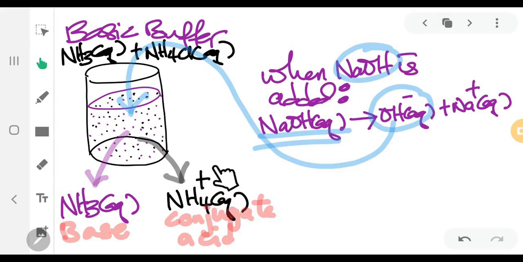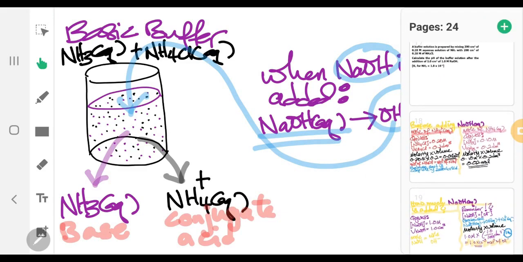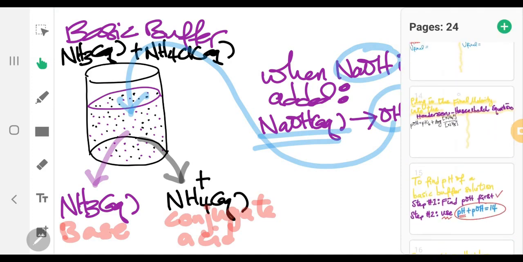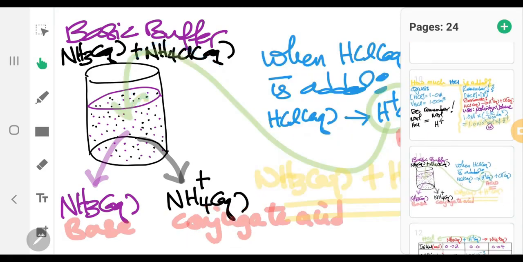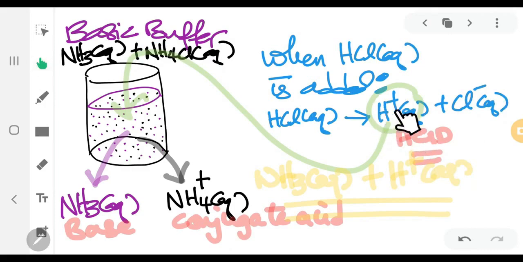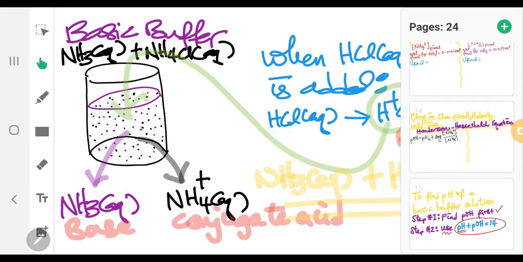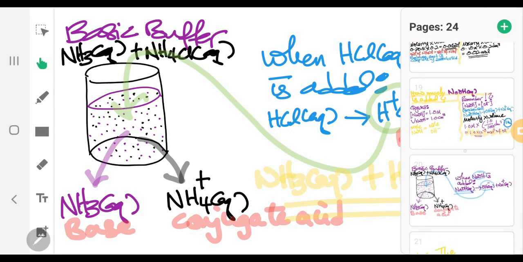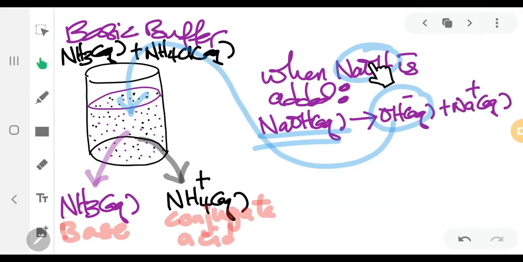This time, the conjugate acid will be reacting with your OH-, because just now in the example of acid, we have H+. So between these two components of your buffer, NH3, which is the base, will be reacting with the H+. And this time, since you are adding a small amount of strong base, NaOH, you have OH-.